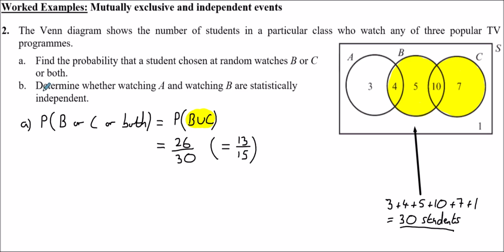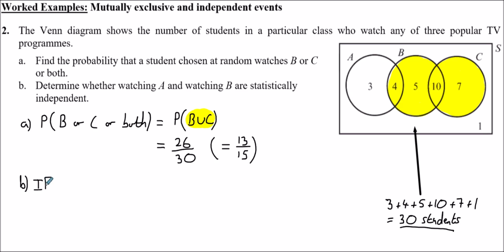Part B, we need to determine if watching A and watching B are statistically independent. So we need to work out what the case is if they're statistically independent. We need to remember the formulas from before.